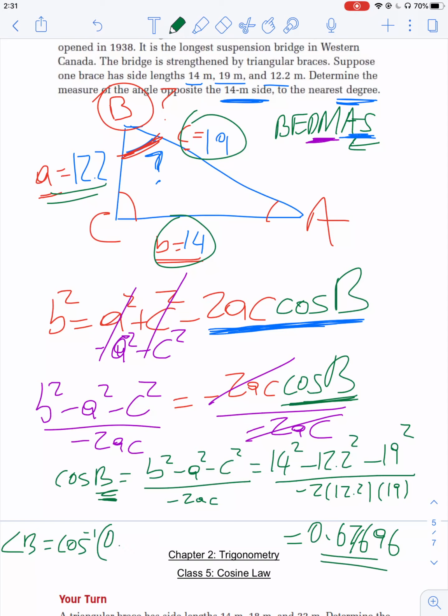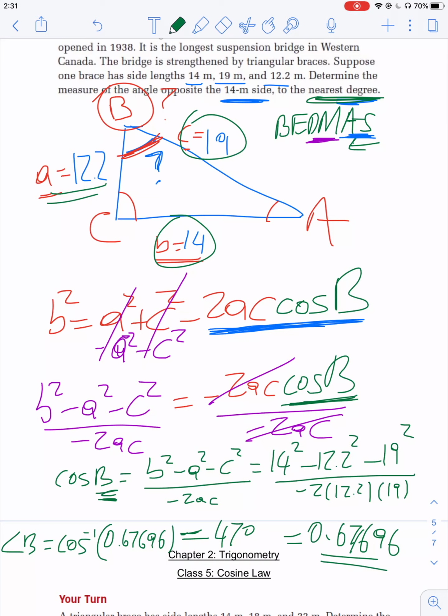So 0.67696, to the nearest degree, okay? Cos inverse of 0.67696 gives me 47 degrees, okay? So 47 degrees.